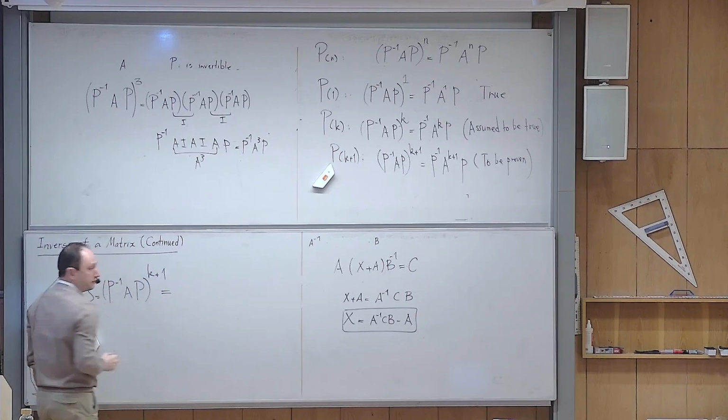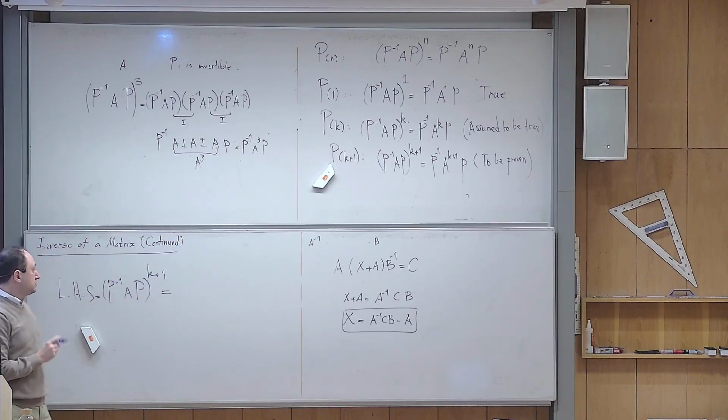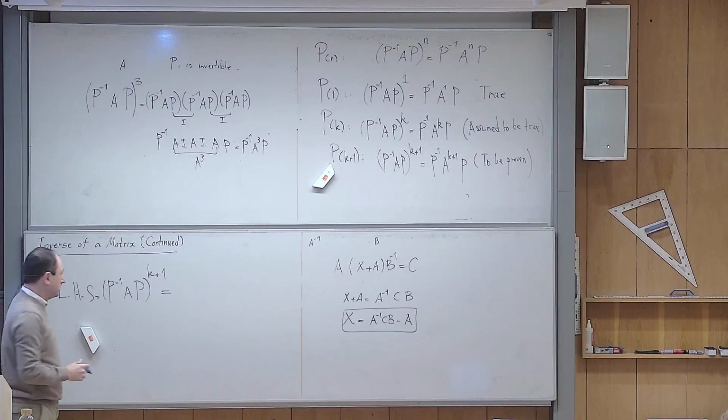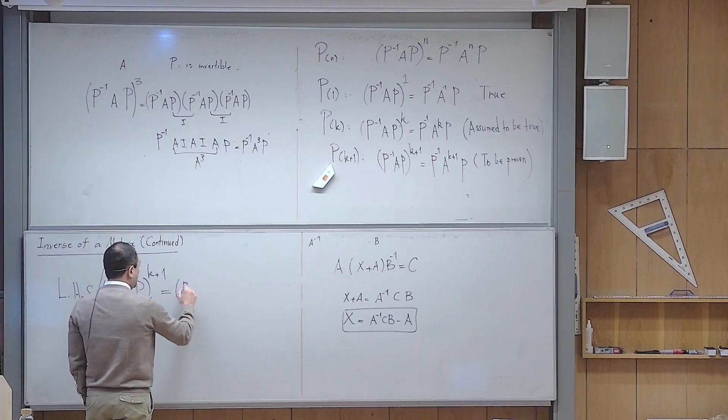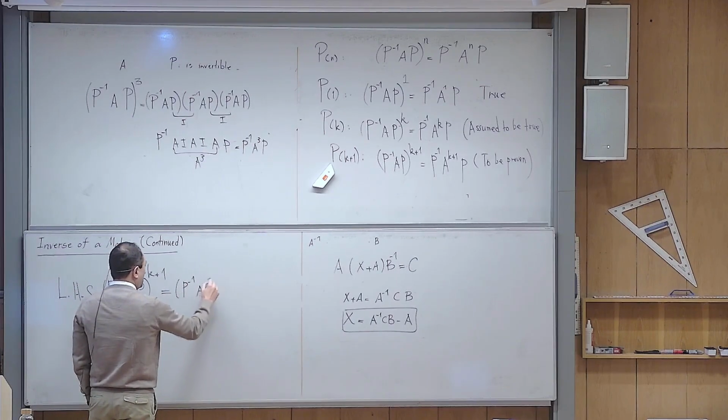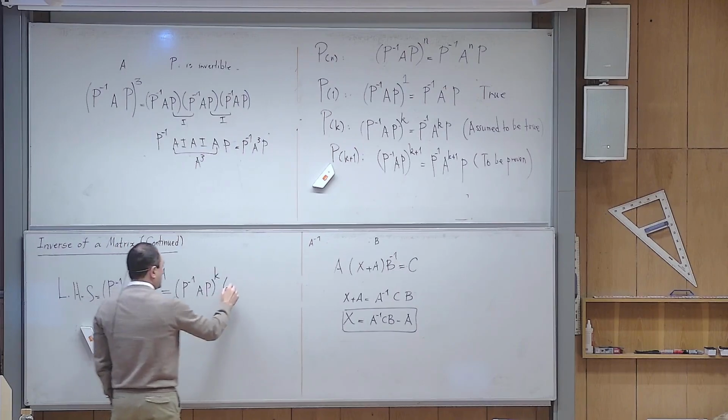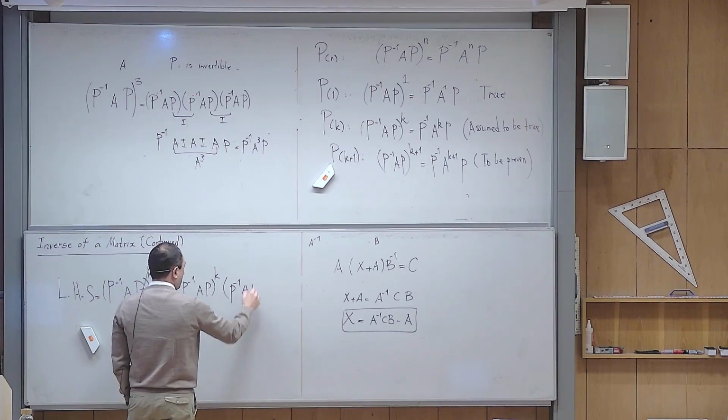What is the first step, do you think? I want to do it in a way that I can use my assumption. Separate it, to the power of k and then times 1 more. So this becomes P minus 1 A P to the power of k times another one of them.